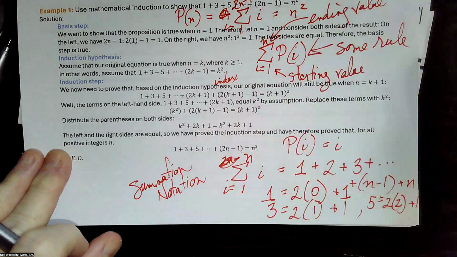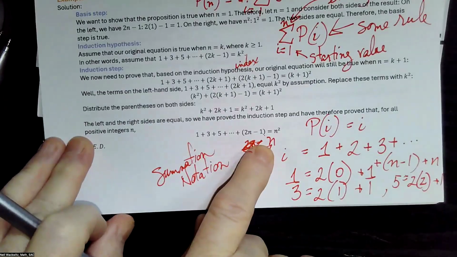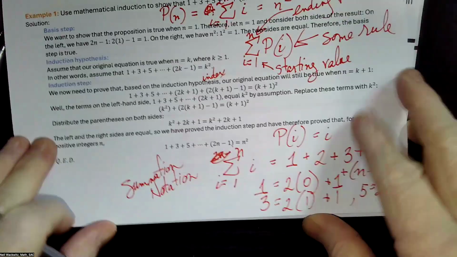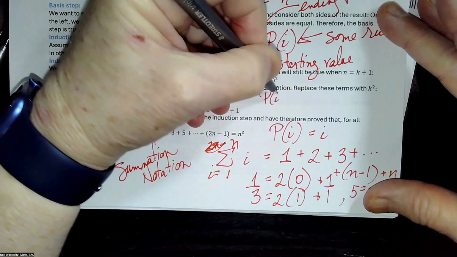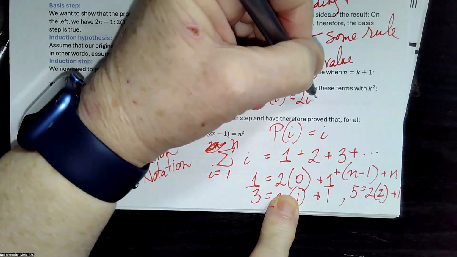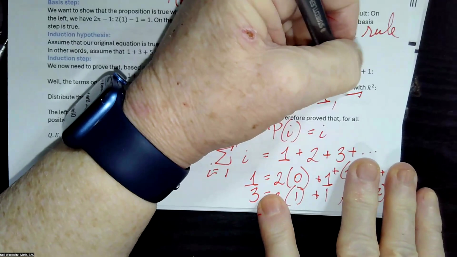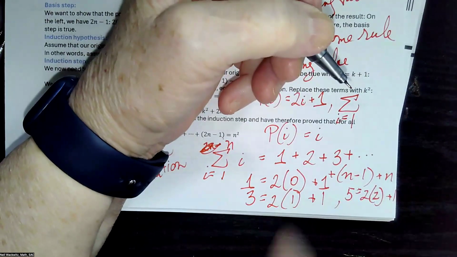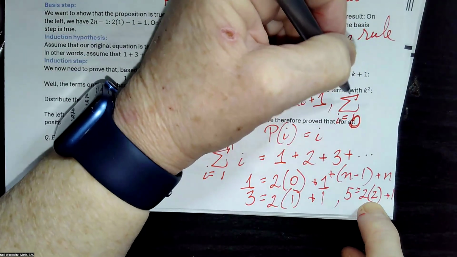And so the highest number, 2n minus 1, will be represented by n. So we are looking at a rule that looks like 2i plus 1. We're starting at i equals 0, and we're going until i equals n.